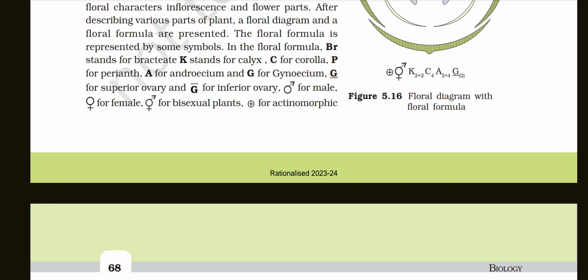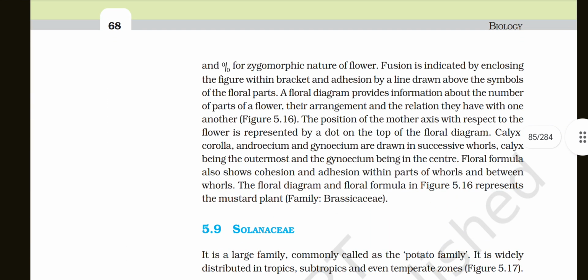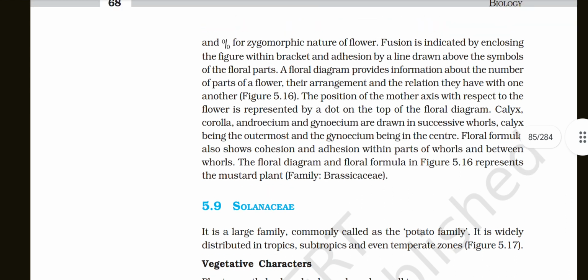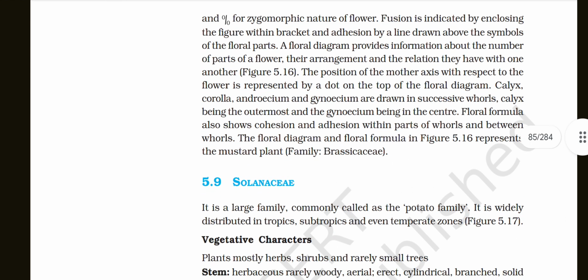Both symbols combined form bisexual flowers. A circle inside a plus sign is actinomorphic, and a percentage-like sign is zygomorphic, that is bilateral symmetry.